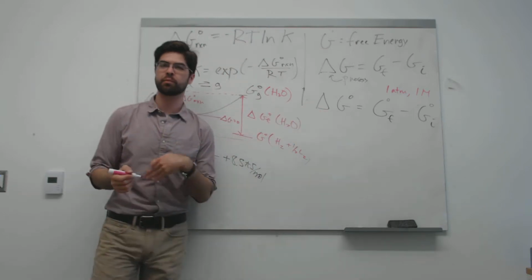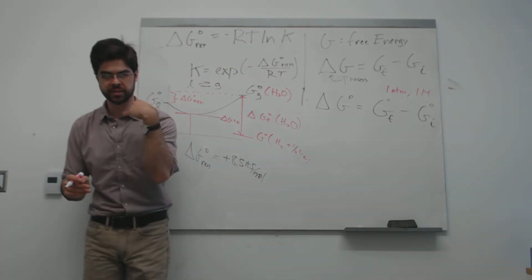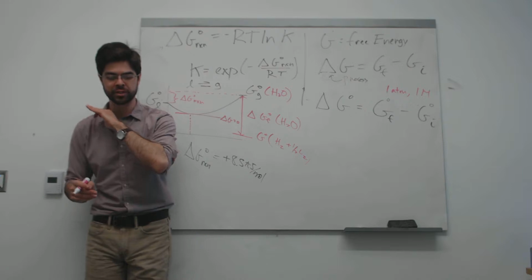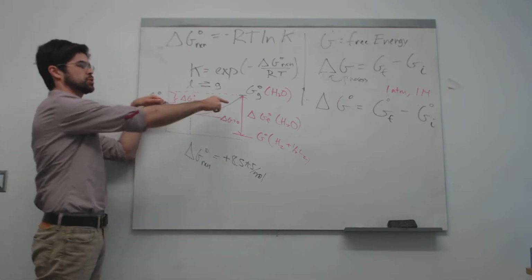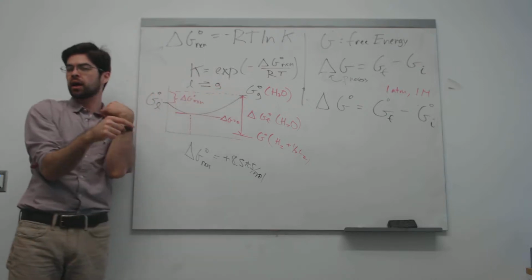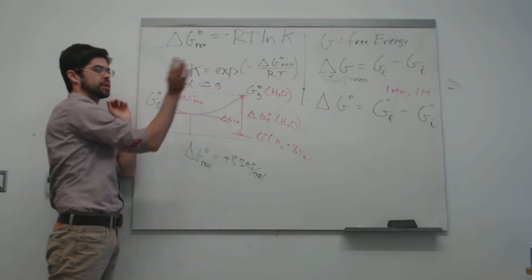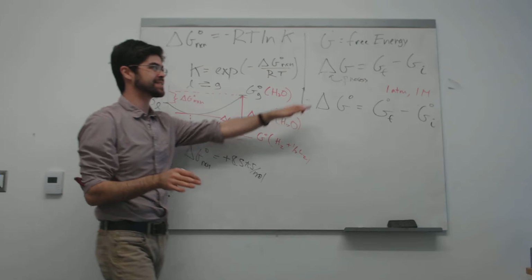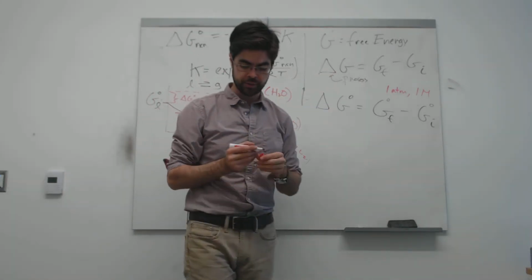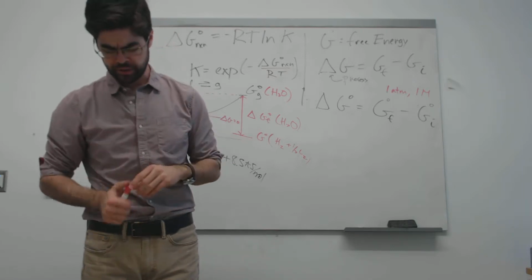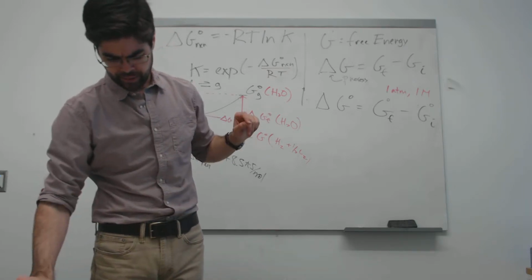So delta G naught is a very specialized case, looking at changes between the beginning and end point of a chemical reaction while assuming everything is at its standard state. That's not always going to be the case, but that's the difference between the two. Hopefully that clears that up.